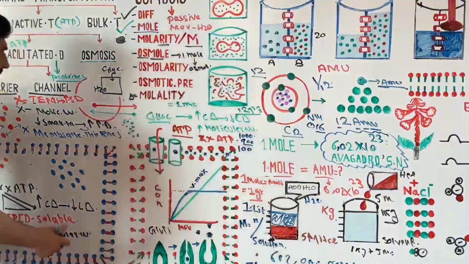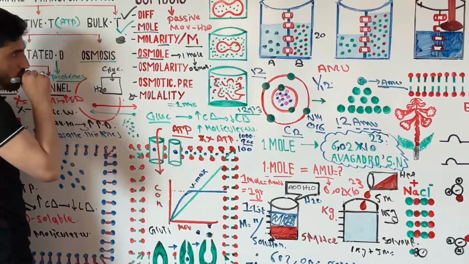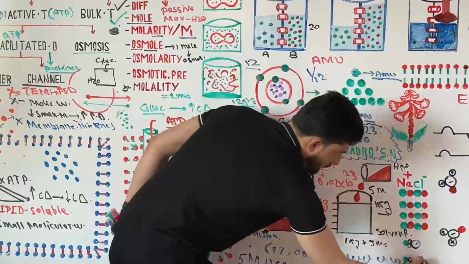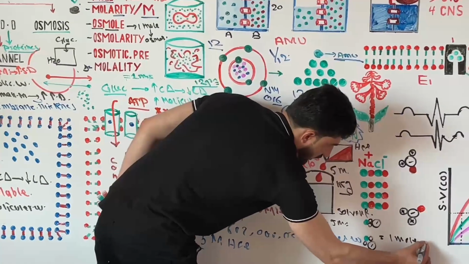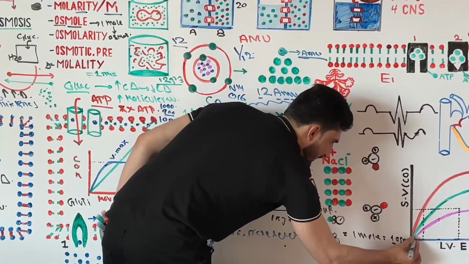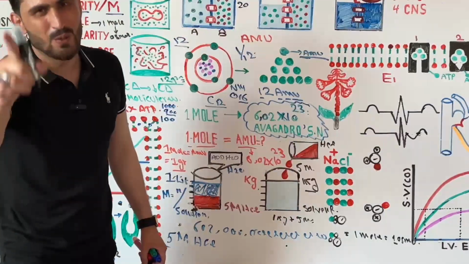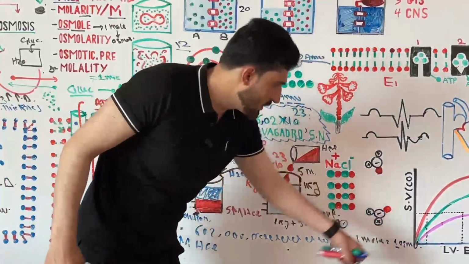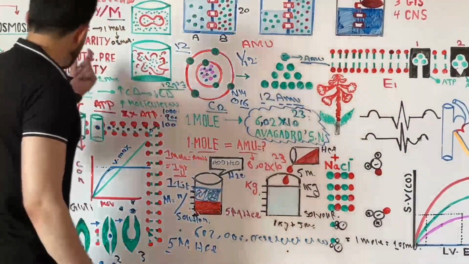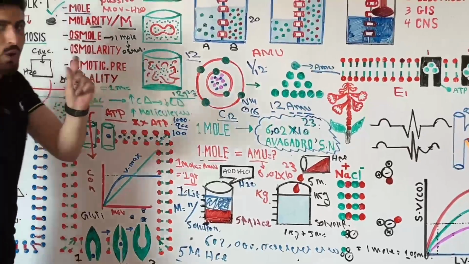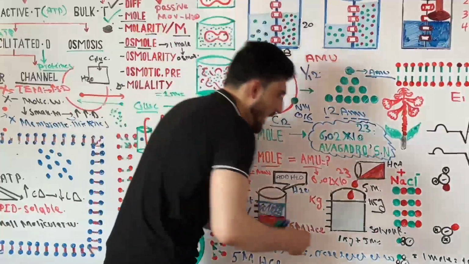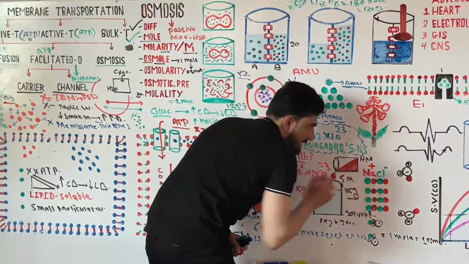So 1 mole of glucose is equal to 1 osmol, because they do not dissociate. And osmol is dependent on the number of particles, not on the size of particles. For example, I have sodium chloride. This is sodium and chloride.